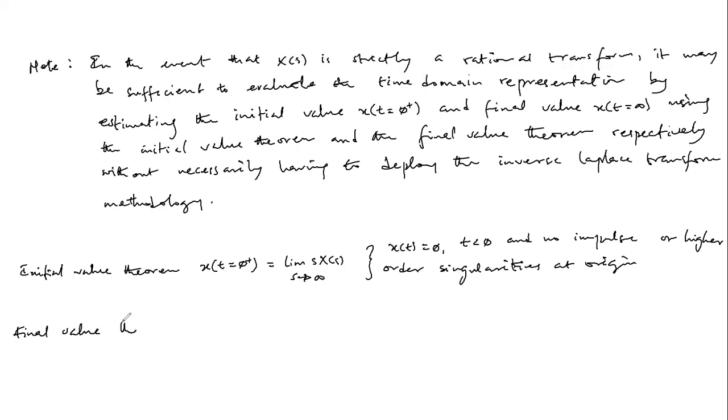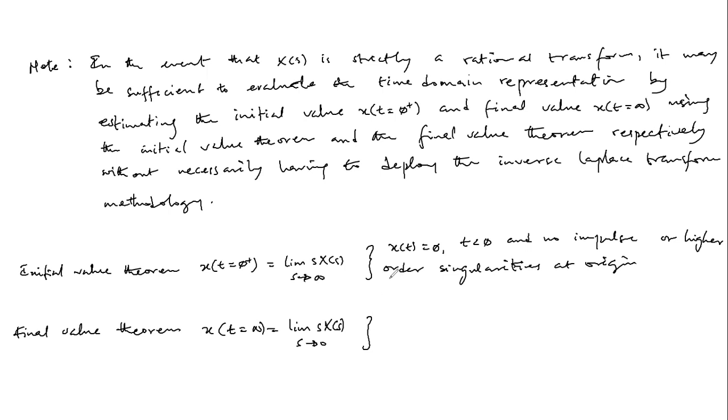Okay, and then the final value theorem, which is given as s when t tends to infinity. Here we take the limit for s of s when s tends to 0.